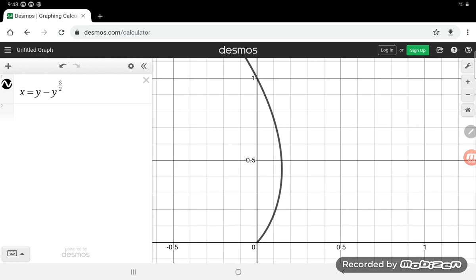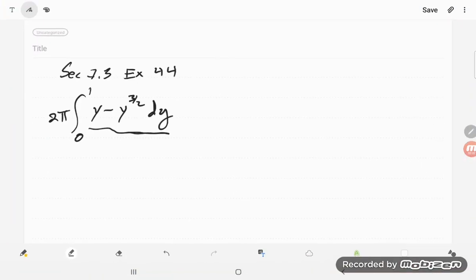And now the rest I need to think about the integral. Okay, so it looks like I have this region here, and that went to 1, and that was a 0. X-axis, y-axis.